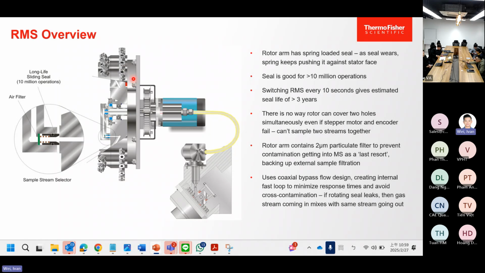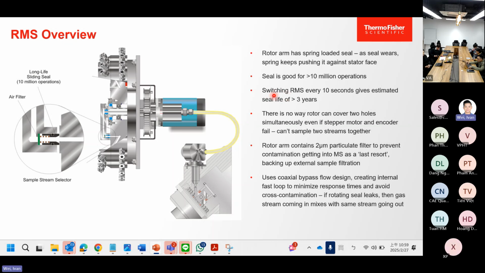That means we are always getting the freshest air out of the sample streams. Our RMS is good for about 10 million operations. Imagine this arm can do about 10 million movements. We're able to do switching very quickly. Every 10 seconds, we can do a really quick switch from port 1 to port 2 to port 3.